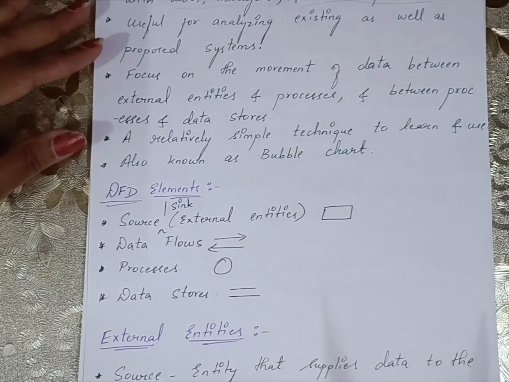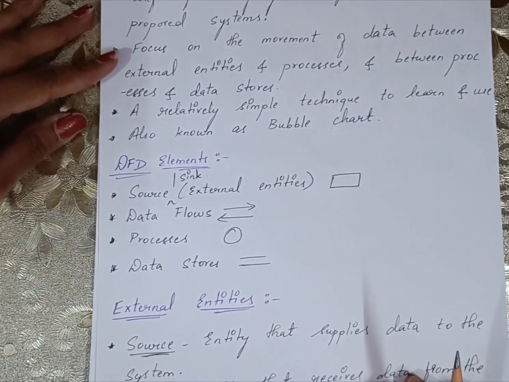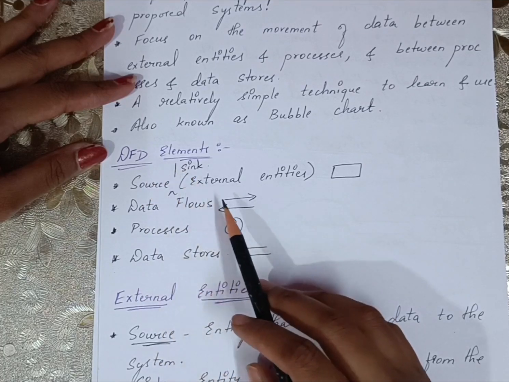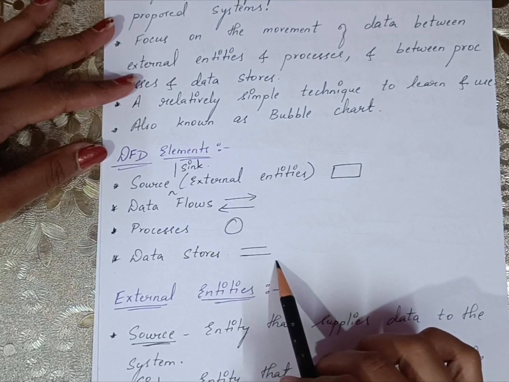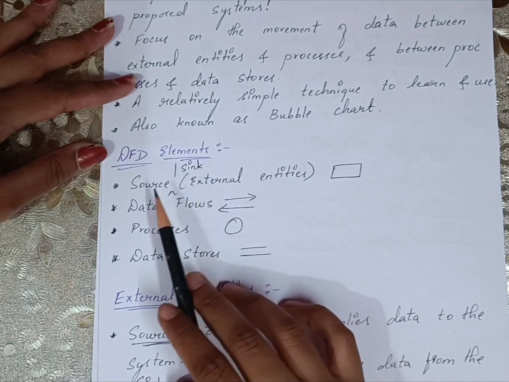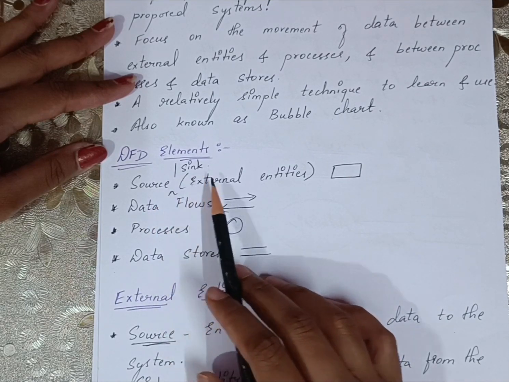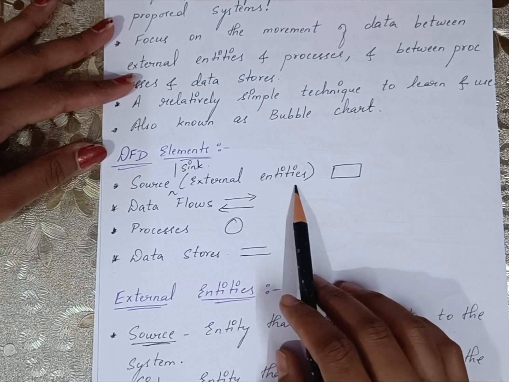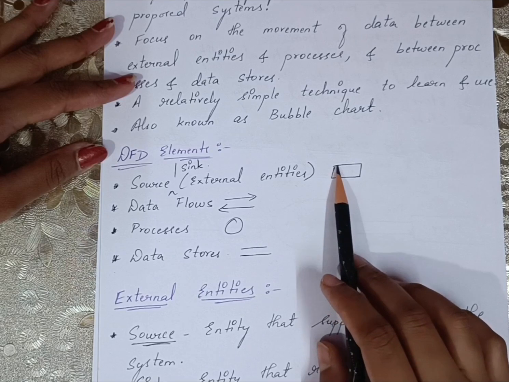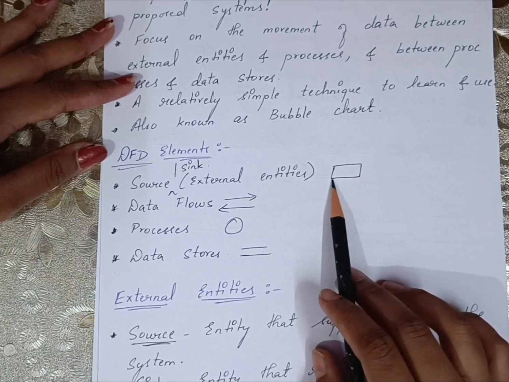So if you see the symbols here, these are the DFD elements or symbols. We have four main symbols here: source and sink, which are external entities. This is the symbol we use.